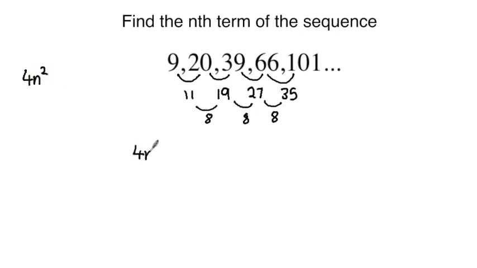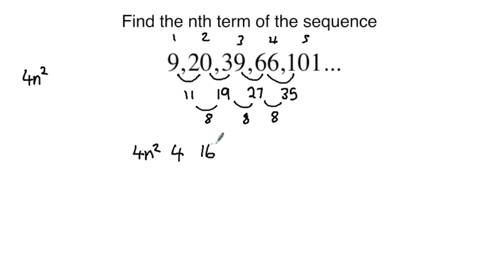So if I write out the sequence 4n squared from term 1, 2, 3, 4, 5, I'm going to be getting 4, and I've got 2 squared, which is 4 times by 4, which is 16.